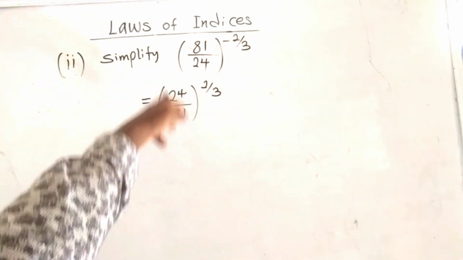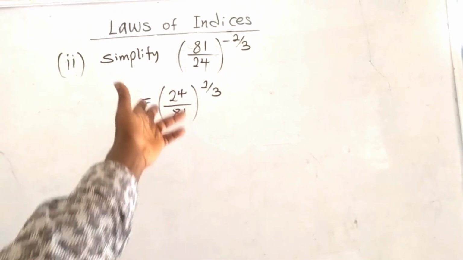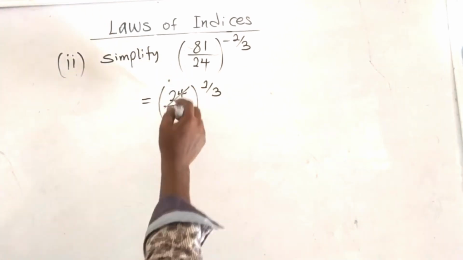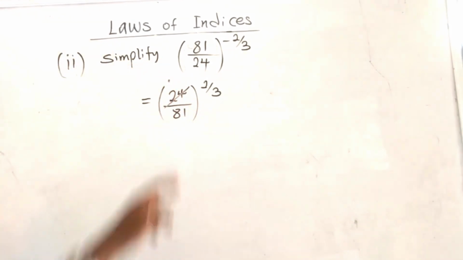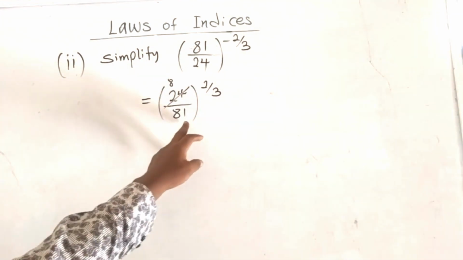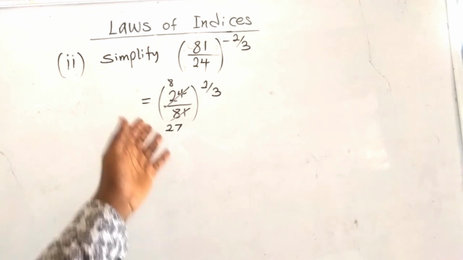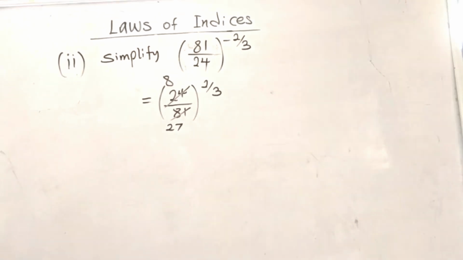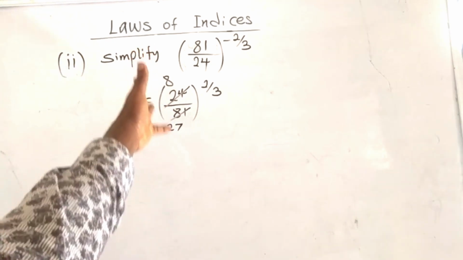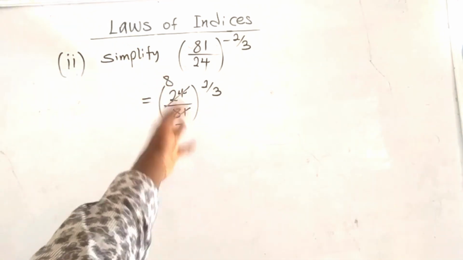You can divide both numbers in this fraction by, let's say, 3. 3 goes into 24 eight times, and 3 goes into 81 twenty-seven times. That is, 8 and 27 are perfect cubes, so they have cube roots. The cube root of 8 is 2, and the cube root of 27 is 3.